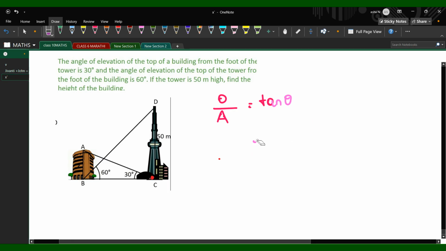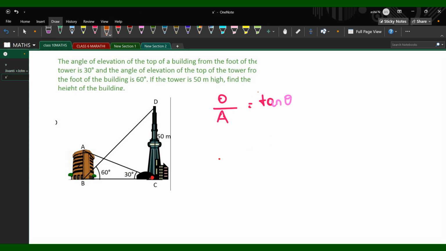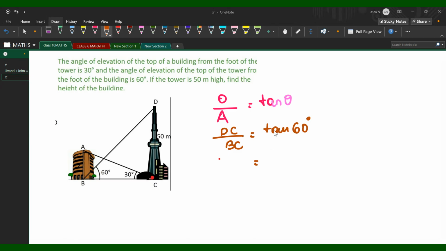Because tan 60 opposite we know, which is DC, and adjacent we will find out which is BC. Tan 60. What is the value of tan 60? Yes.